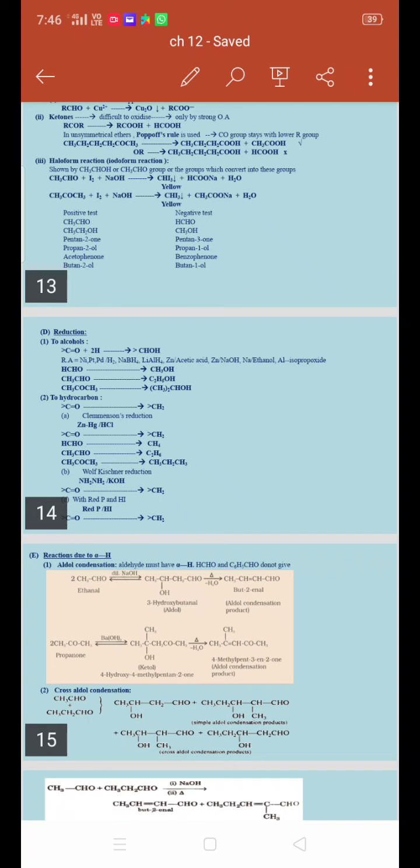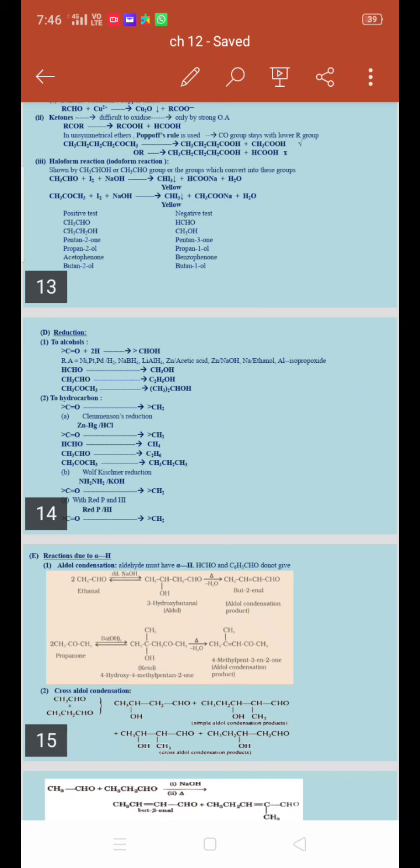Now look into the ketone reaction, where my reactant is CH3COCH3. What is that? Two methyl groups are attached to the ketone, so it is called dimethyl ketone. What is the IUPAC name? Count the number of carbon atoms. The number of carbon atoms is 3. Methane, ethane, propane, and I have to add the suffix -one, so it is propanone.